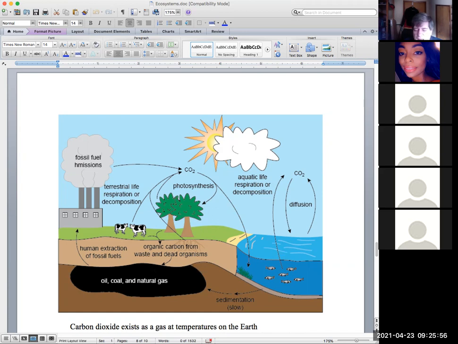Now, since they have lots of organic materials, organic compounds in them, over long periods of time, their bodies can be squished and compressed, squeezed, and their bodies can form oil and coal and natural gas, as well as some other things like peat. But these are the things that we typically refer to as fossil fuels.